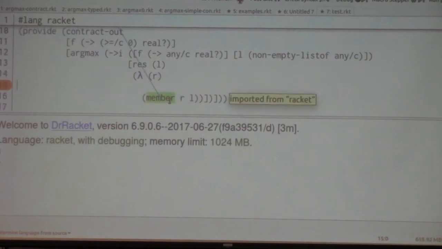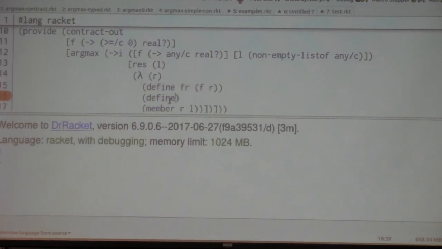And when would we do that? We do that if we want to check that the result we got is actually maximizing f over all of the elements. So let's write that contract. We can compute f on R, and this should be the biggest. We can compute f on all the elements.